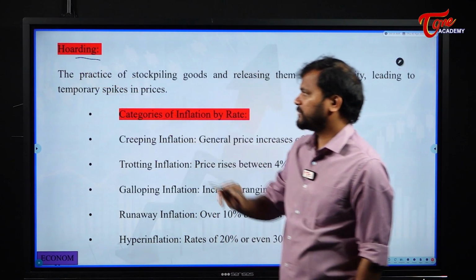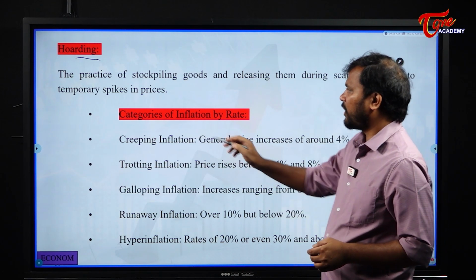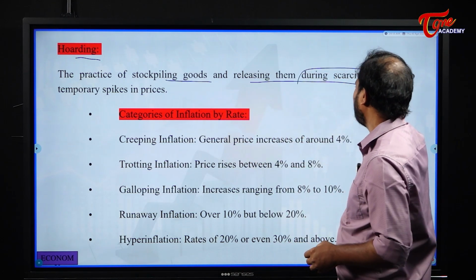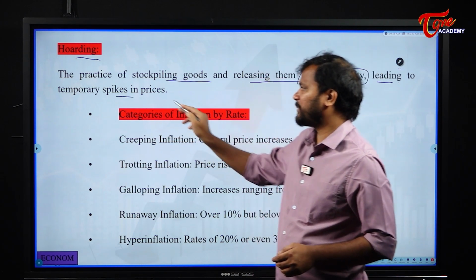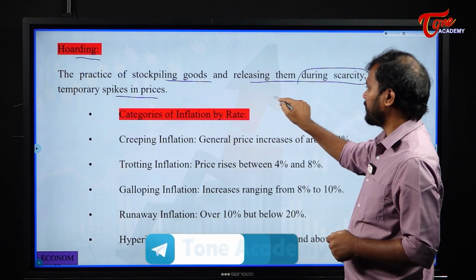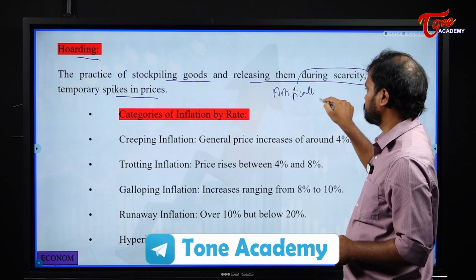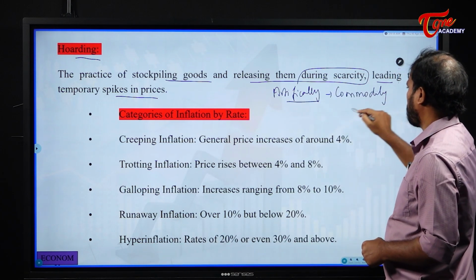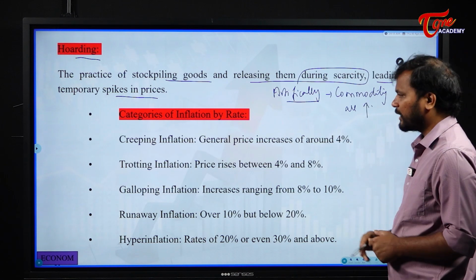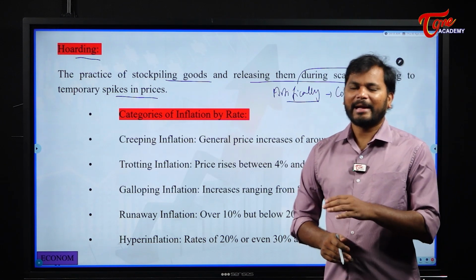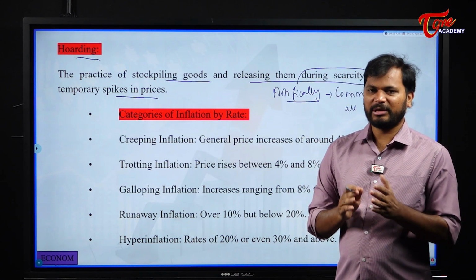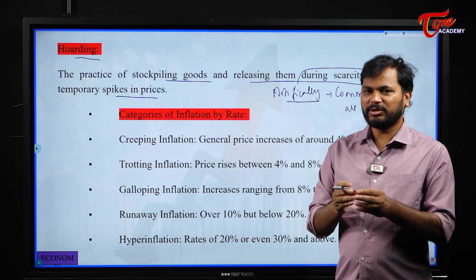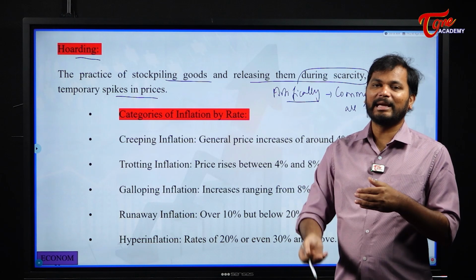Next, hoarding. Just now I have told you, it is the practice of stockpiling goods and releasing them during scarcity, leading to temporary spikes in prices. Artificially the commodity prices are increased. See, hoarding, cartelization, black marketing, etc. We have divided those topics into little subtopics for more detailed understanding.